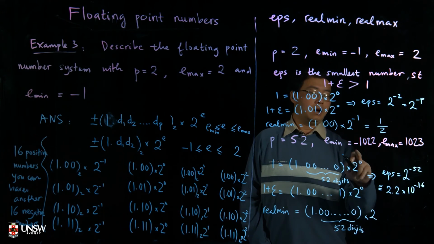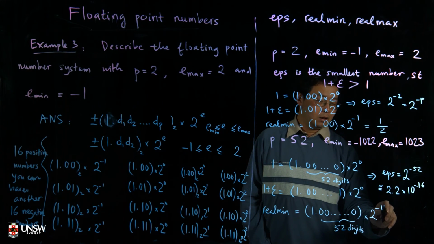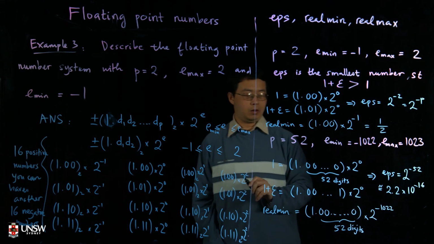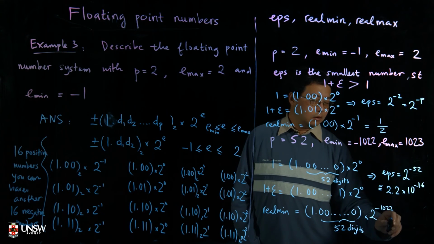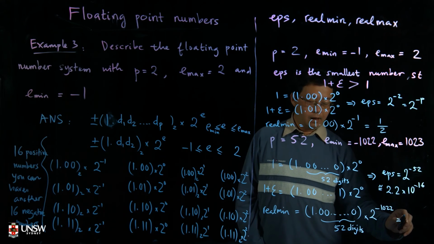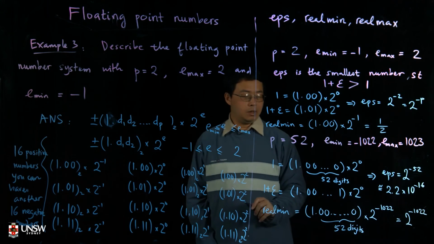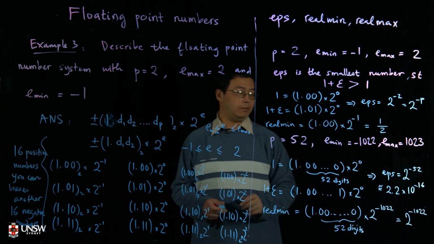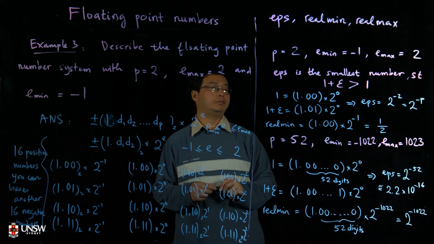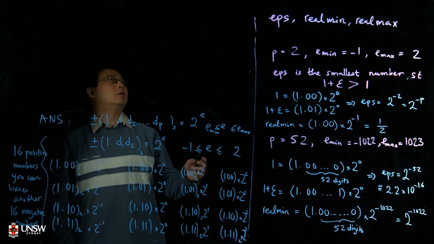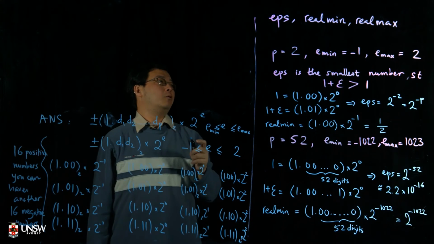So in our case, E min is minus 1022. Okay, and you can plug it into MATLAB to see what number you get, and you can type in realmin in MATLAB, and you get the same number. Okay, so we've talked about epsilon and realmin.